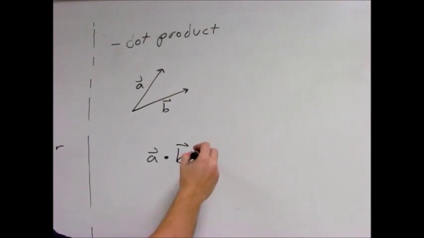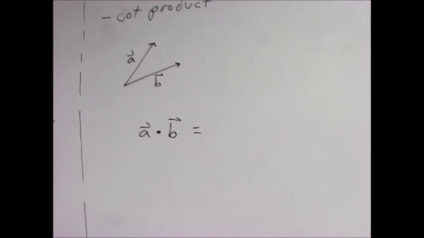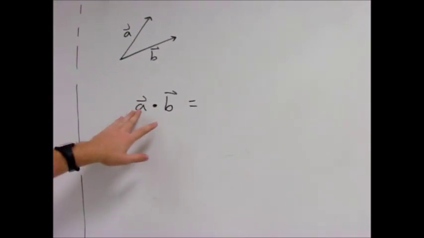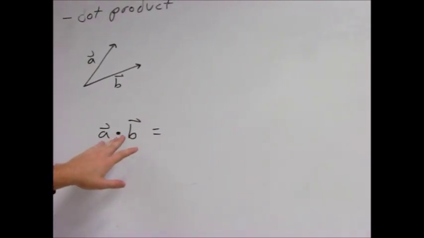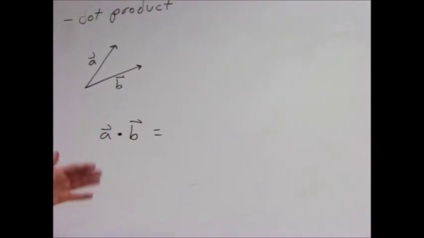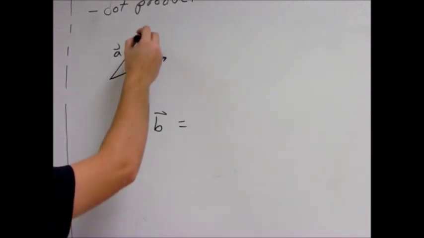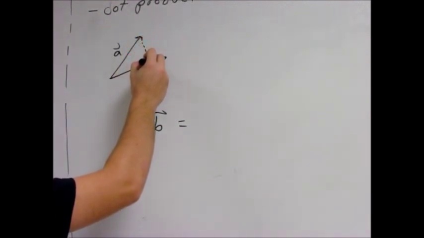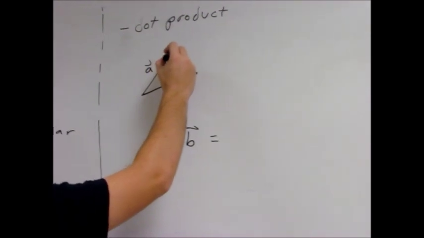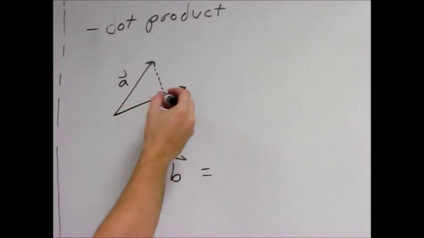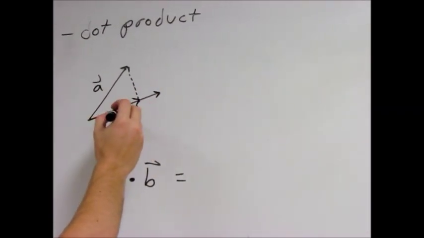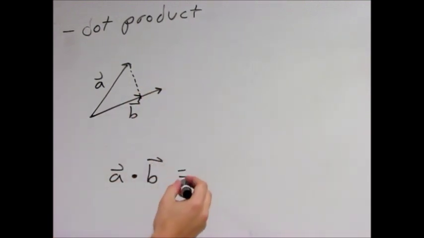One way is to think about it as A times B in the direction of A, or A in the direction of B times B. So basically, you can find out how much A is in the B direction and then multiply them together.